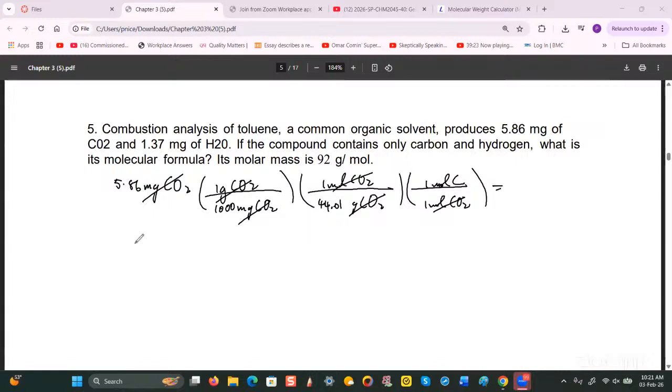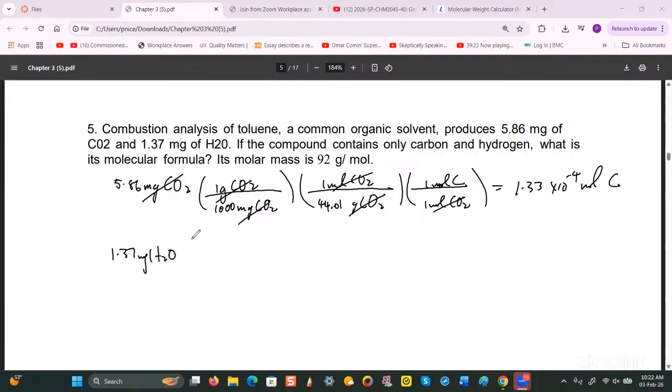So 5.86 divided by 1,000 divided by 44.01. Here I got 1.33 times 10 to the minus 4 moles of carbon. And then we do something similar in the case of water, starting with 1.37 milligrams of H2O.